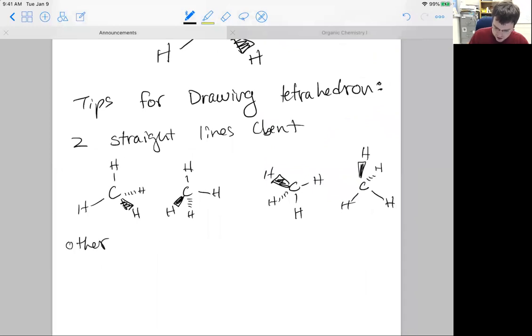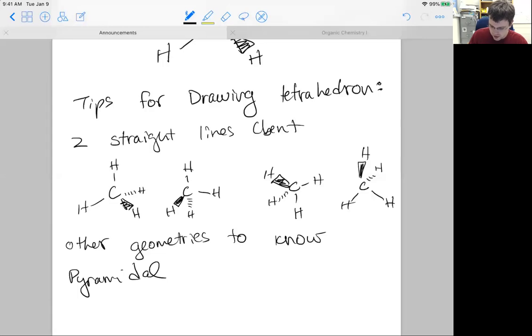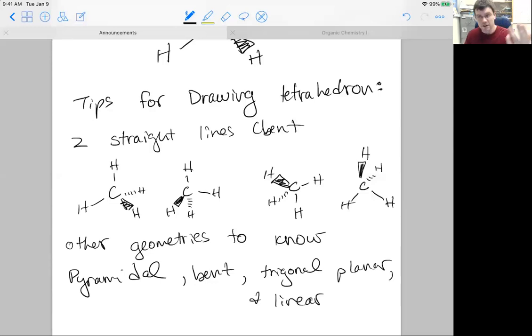So, other geometries to be mindful of, or to know: we have pyramidal, bent, trigonal planar, and linear, all in addition to tetrahedrons. So we have 5 geometries that we need to know.